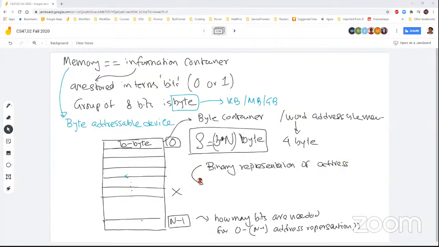Then it becomes a problem of how many bits I need for expressing 0 to n-1. We all know that if it is n bits, and these are all unsigned values, there is nothing called a negative address, so my unsigned value range is 0 to 2 to the power n minus 1.